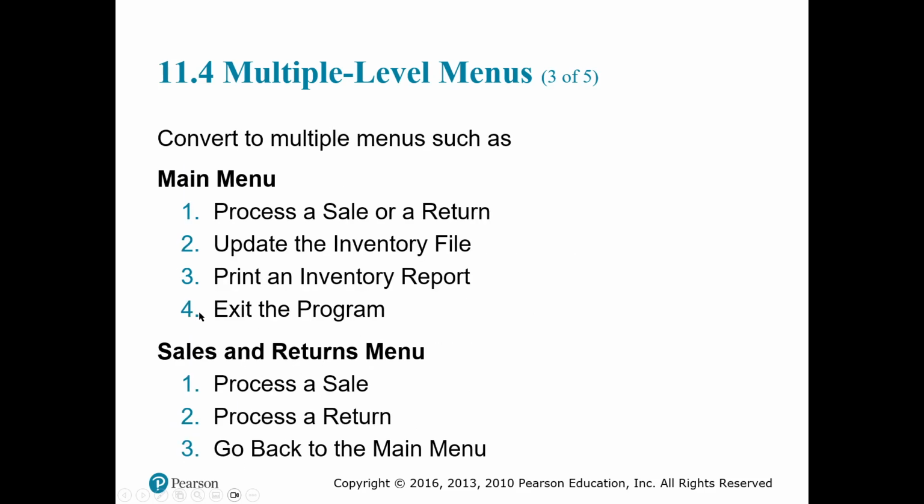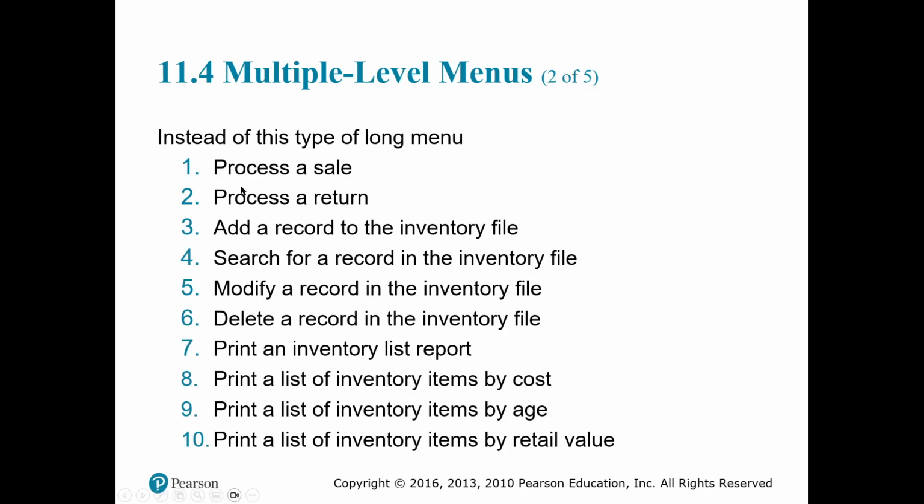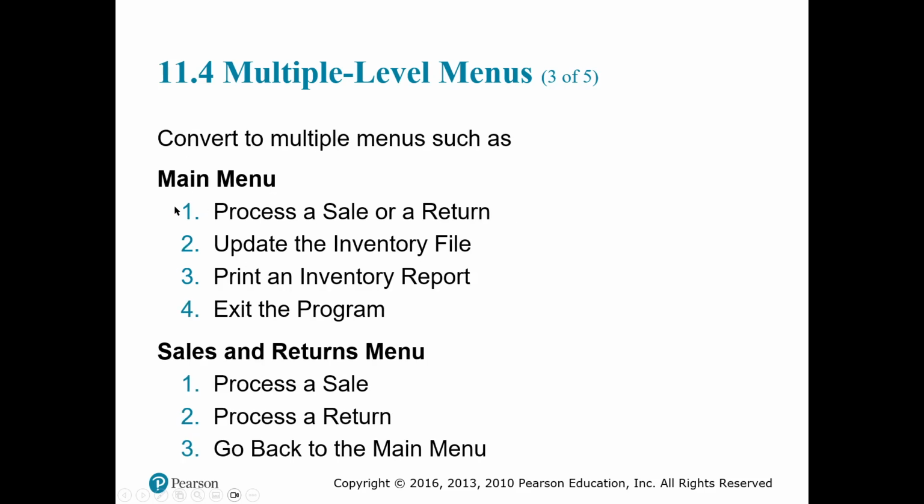So what we did right here, we basically split this menu into a bunch of submenus, and it's easier for the user to understand, and easier to follow and pick whatever they want. Instead of reading and going through all of these 10 options, the user just needs to go through 3 options at first.